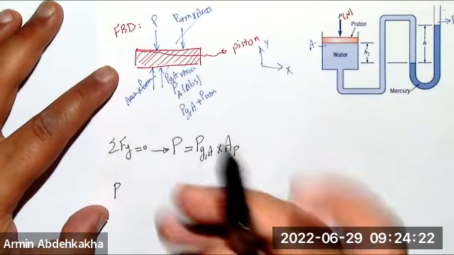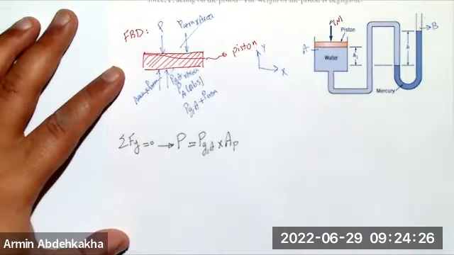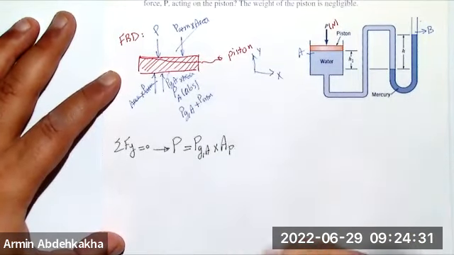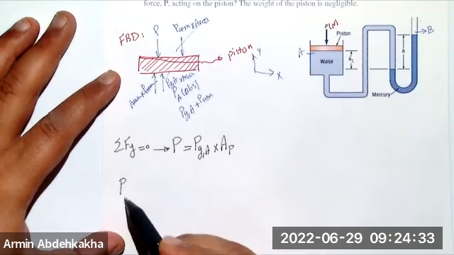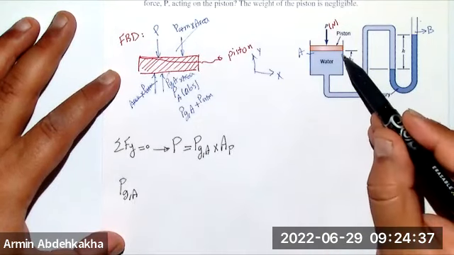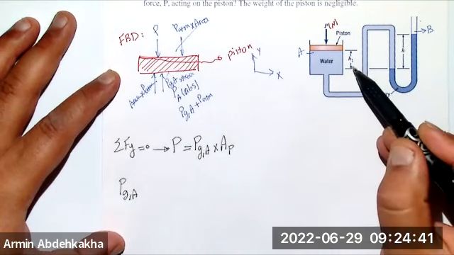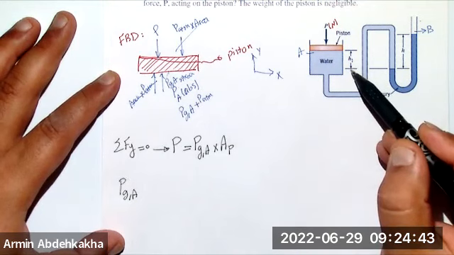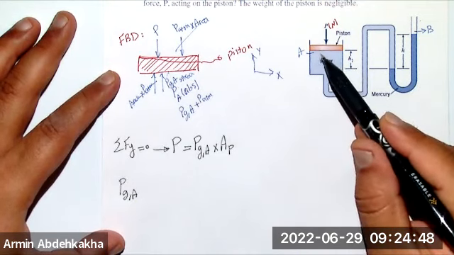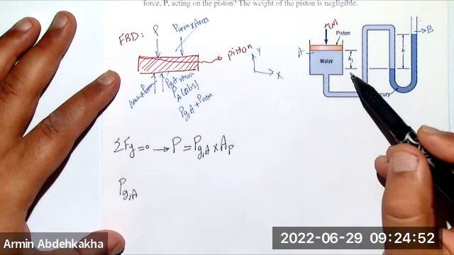So let's start. If that's my point A and you have the P gauge at point A, then you can move from this point to point B and find the gauge pressure at point A using the manometer method, right?